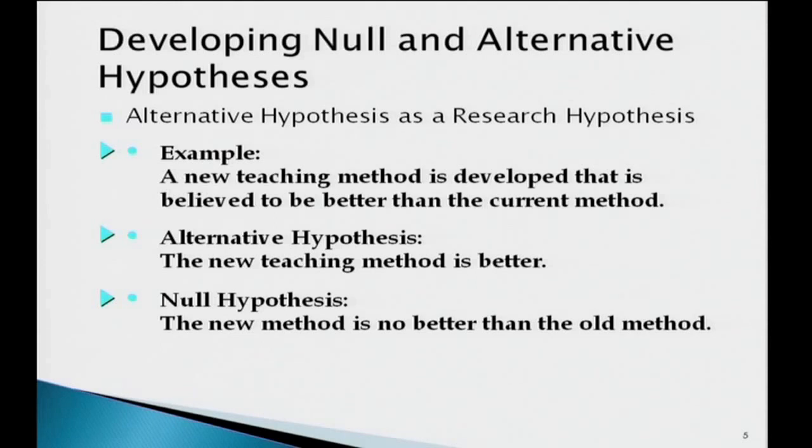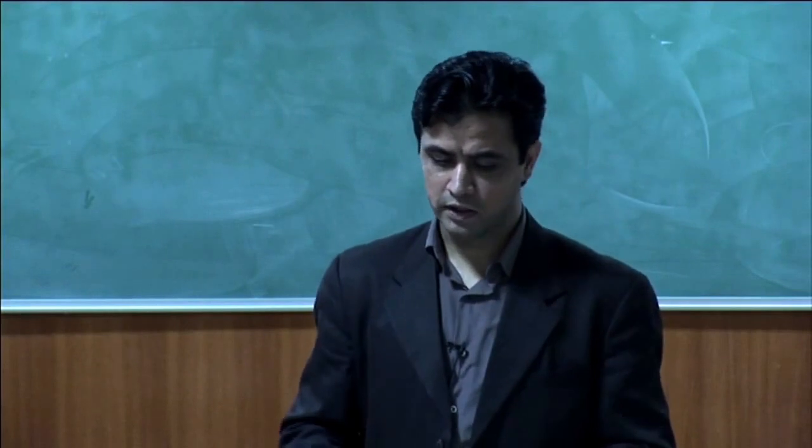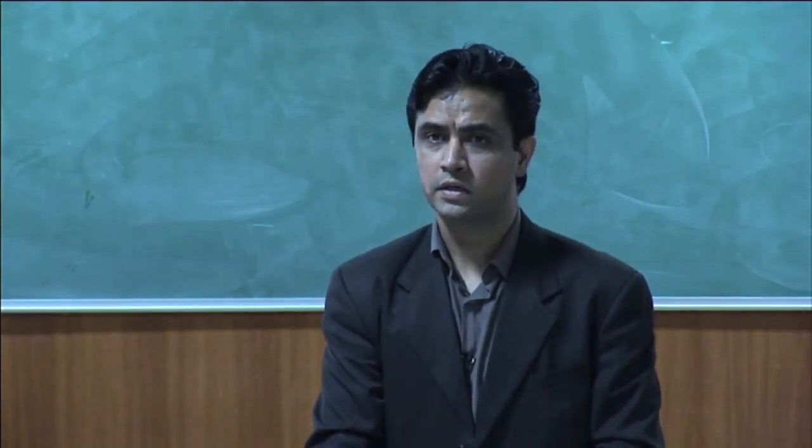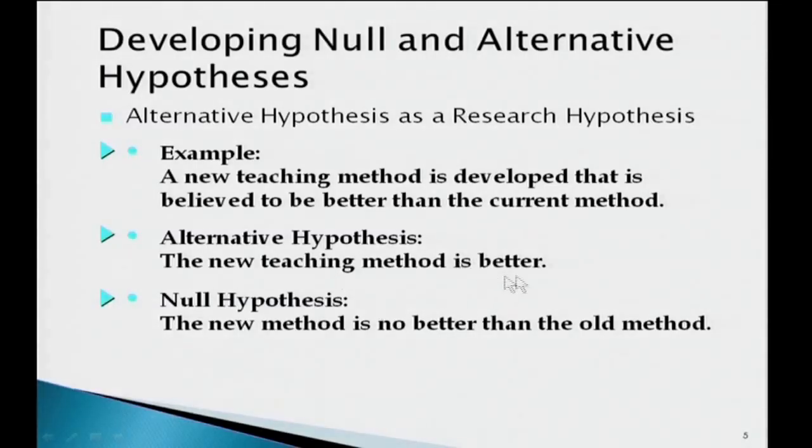The null hypothesis says the new method is no better than the old method. So the null hypothesis is a hypothesis of equality, that two values are equal and there is no difference, whereas the alternative hypothesis is a hypothesis of inequality. Here we are talking about it being better than the previous method. In this way we can have alternative and null hypotheses.